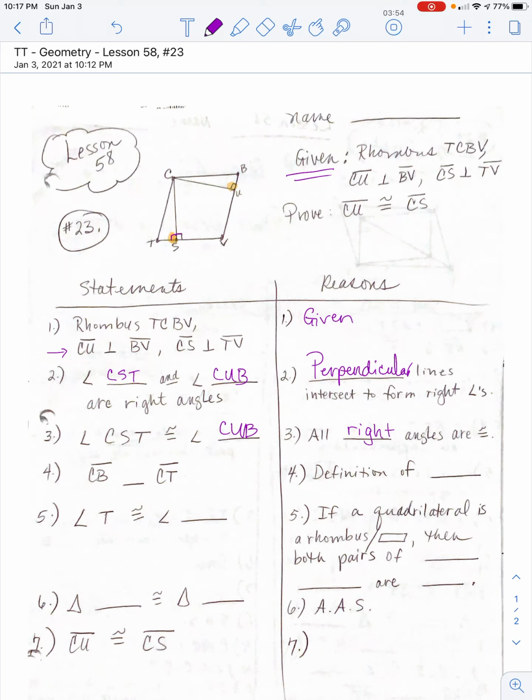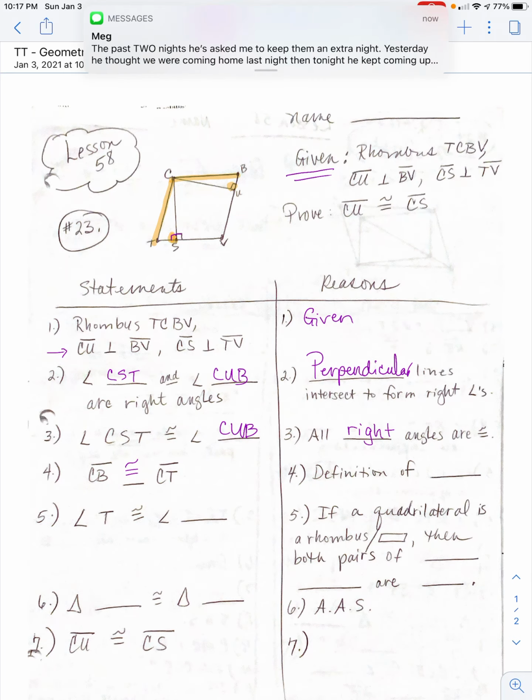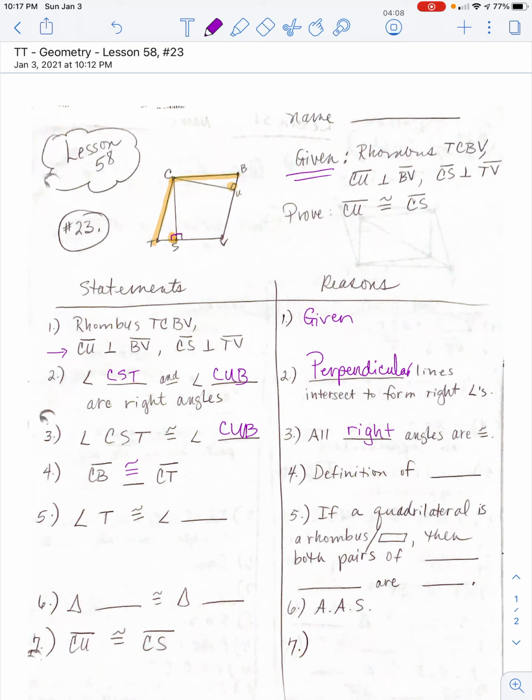CB is this line segment right here, and CT must be congruent. Why is that? Because remember we said a little bit ago that in a rhombus, all four sides of a rhombus are congruent. So that is simply the definition of a rhombus.